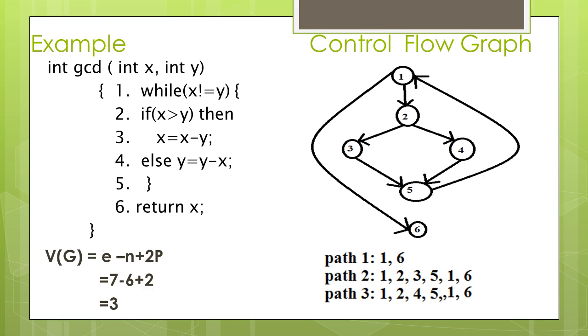An independent path is defined as a path that has at least one edge which has not been traversed before in any other path. The first independent path includes the nodes 1, 6.